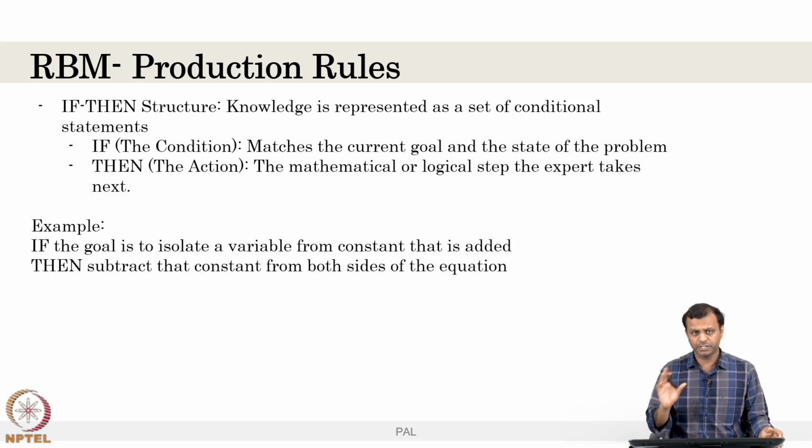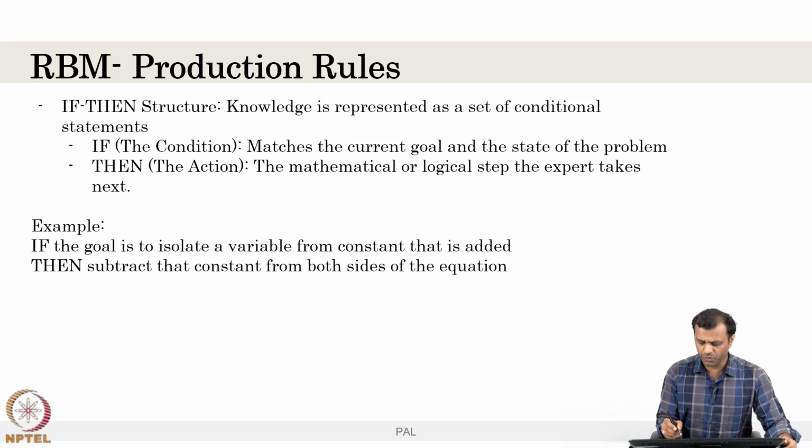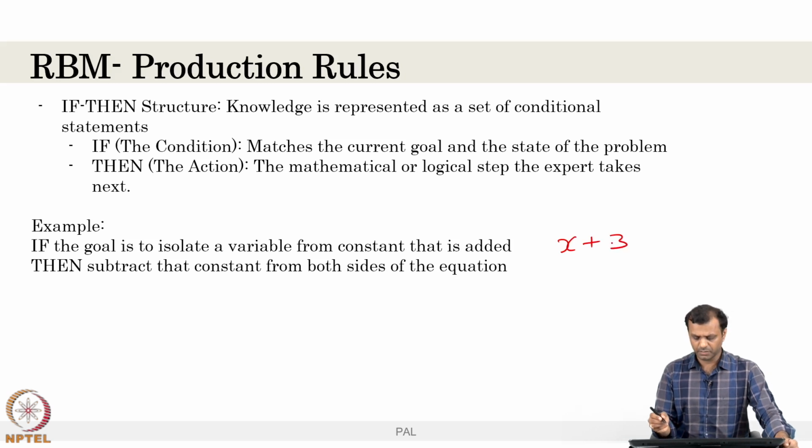It has a set of production rules, an if-then structure. Its knowledge is represented as a set of conditional statements. For example, if the condition matches the goal and state of the problem, then do a particular action. Suppose the goal is to isolate a variable from a constant in an algebraic equation, where the variable is x and the constant is 3.